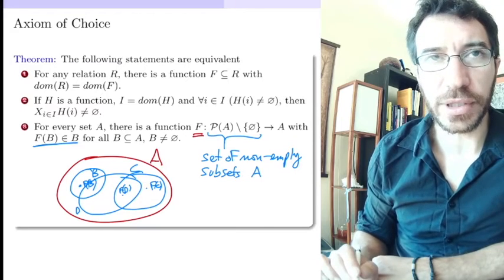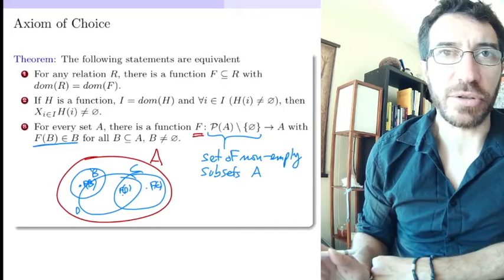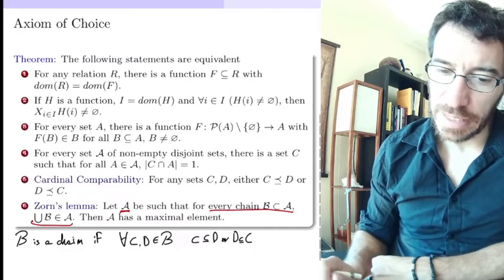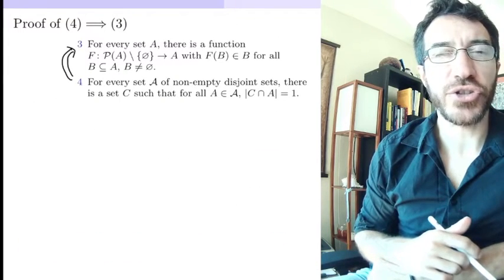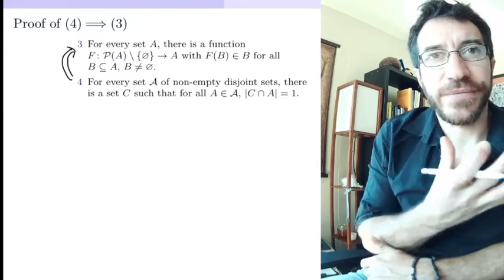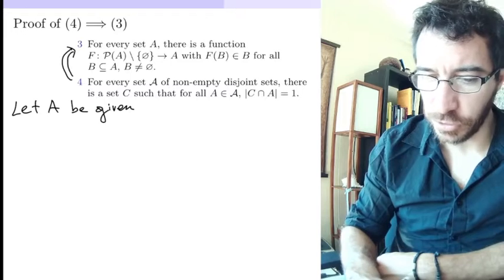We are taking all the subsets of A, and they don't need to be disjoint at all. Number 4, though, our assumption, works only for disjoint sets. So we need to figure out how to make the domain of the function a bunch of disjoint sets. And of course it has to be non-empty.